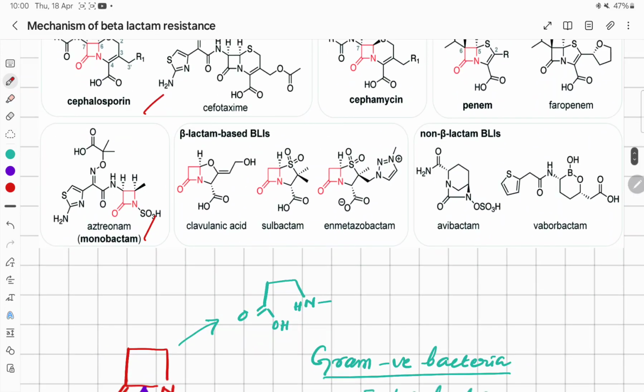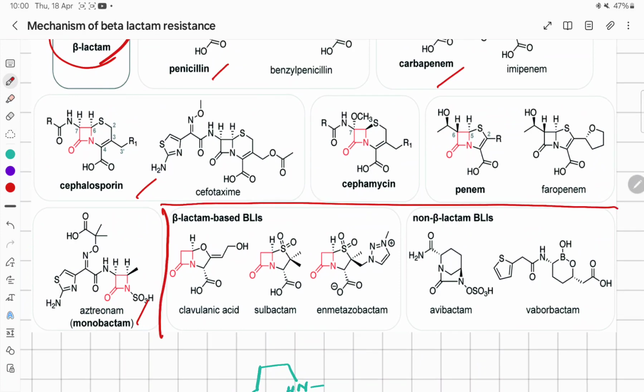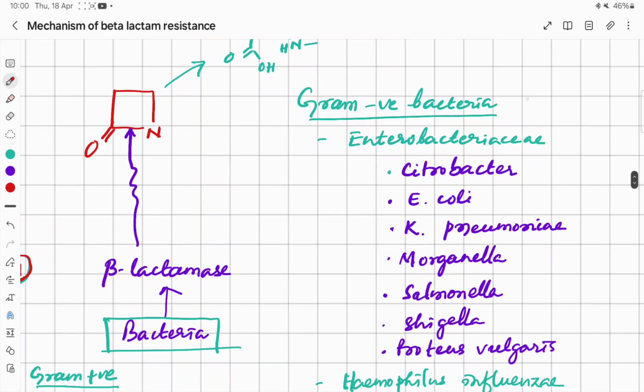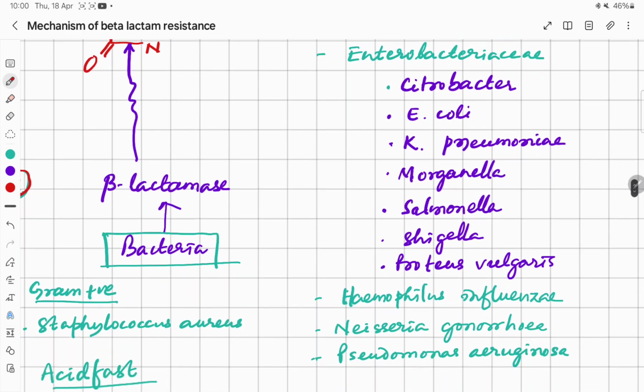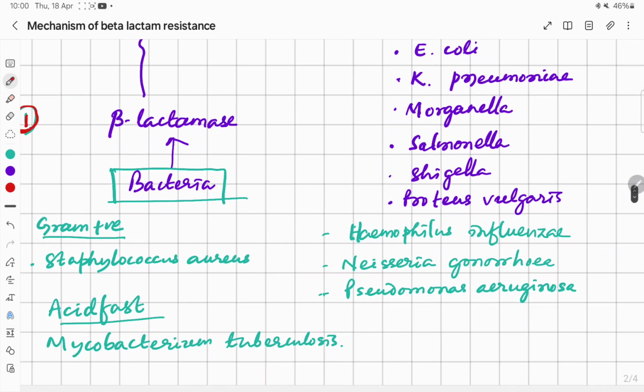So what to do? We can use beta lactamase inhibitors. These are some examples of beta lactamase inhibitors. First, let us discuss the beta lactamase produced by gram-negative bacteria like Enterobacteriaceae, including Citrobacter, E. coli, Klebsiella pneumoniae, Morganella, Salmonella, Shigella, Proteus vulgaris, other gram-negative bacteria like Haemophilus influenzae, Neisseria gonorrhoeae, Pseudomonas aeruginosa, gram-positive bacteria like Staphylococcus aureus, and acid-fast bacteria like Mycobacterium tuberculosis.